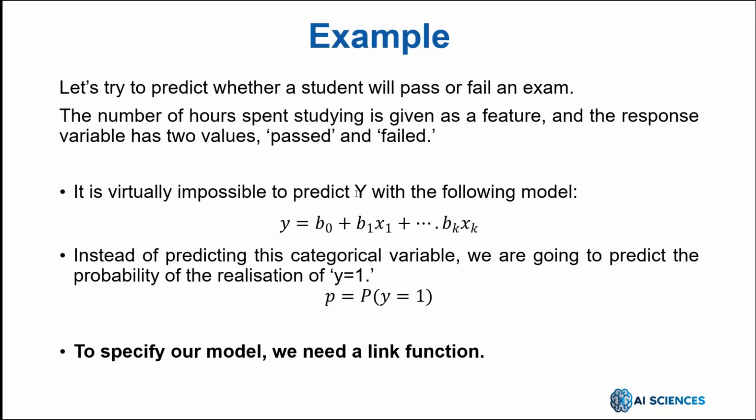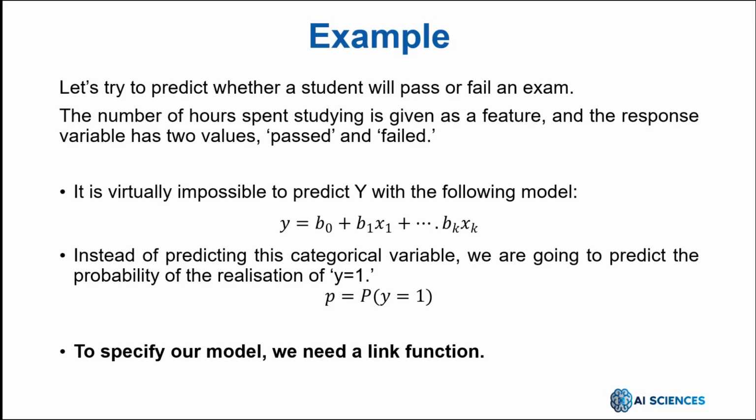It turns out that it is virtually impossible to predict y with the following model: y = b0 + b1x1 + ... + bkxk. That's because y is a categorical value, and b0 + b1x1 + ... + bkxk will give a continuous value as the result.